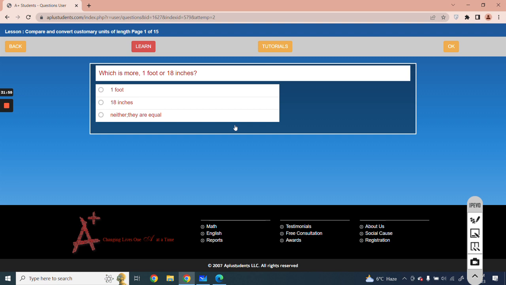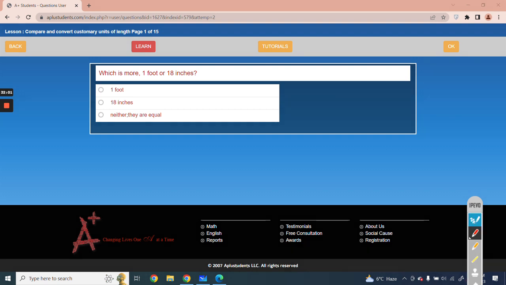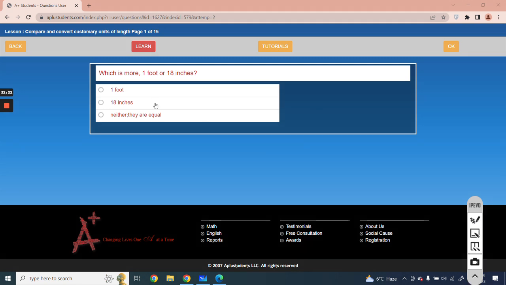So 1 foot equals 12 inches, got it? So you have to compare it to 18. So 12 or 18, which is greater? 18 is more, got it? That means 18 inches is more. So the correct option is 18 inches. Just select the correct option and click on the OK button.